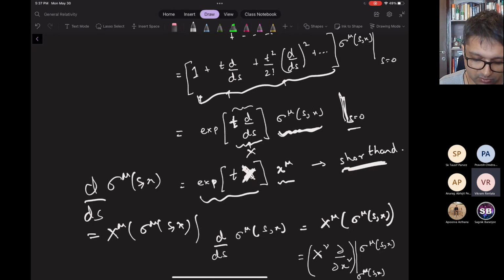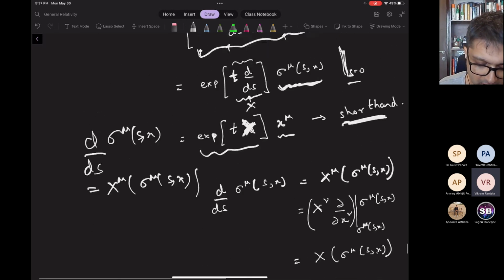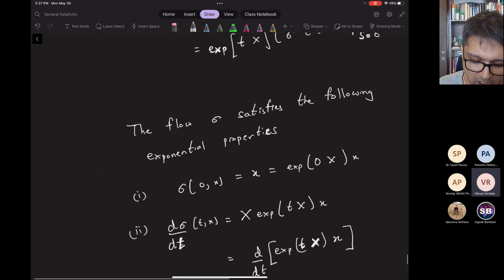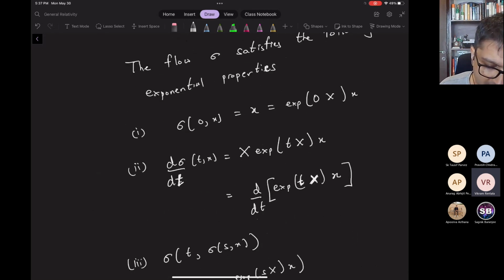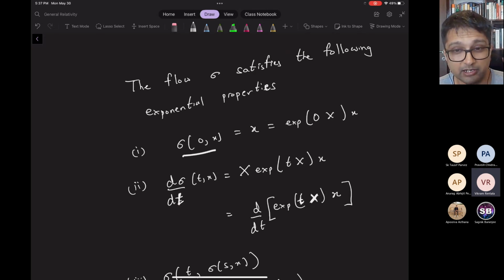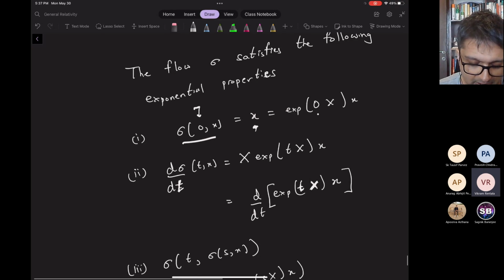So in shorthand, this is what we have done. This flow sigma satisfies the following properties. Sigma 0 x, that is, if I displace by an amount 0, just gives me the initial point, which I can write as the exponential of 0 times X acting on x, which is just the initial value.